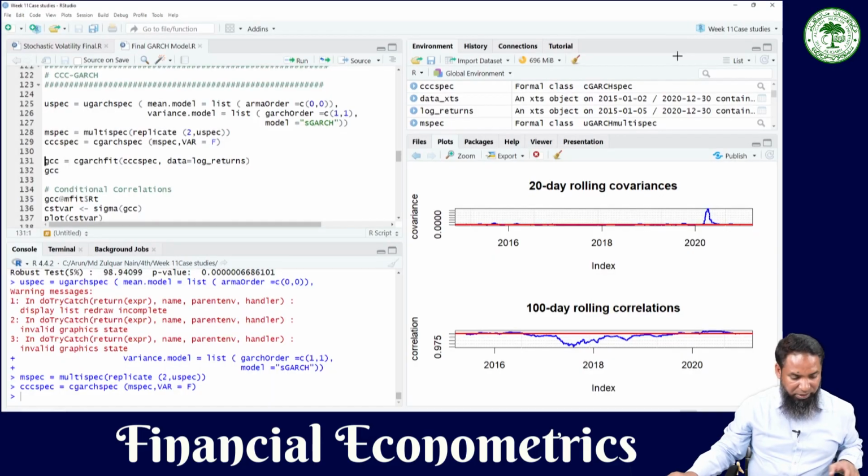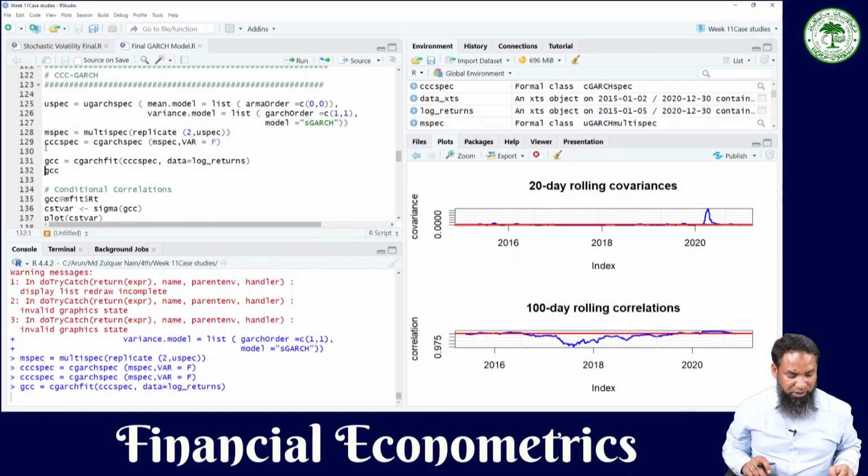So here C GARCH spec is the specification, then C GARCH fit is basically to estimate the model. Then what is the specification? We have to give the reference, the C spec. So this is the specification I'm asking C GARCH fit to estimate, the data reference is given, and that model is stored into the GCC. So let us estimate this.